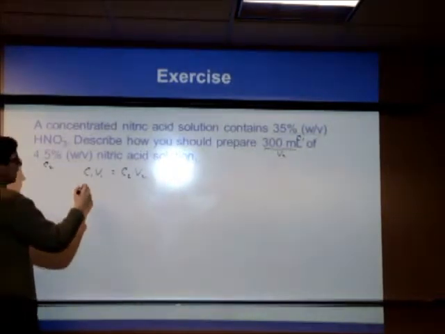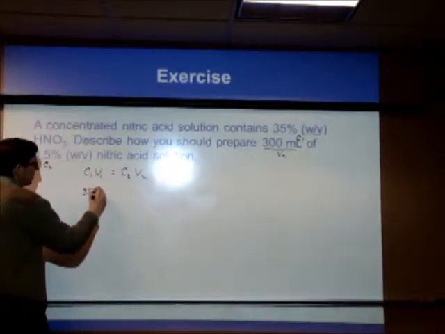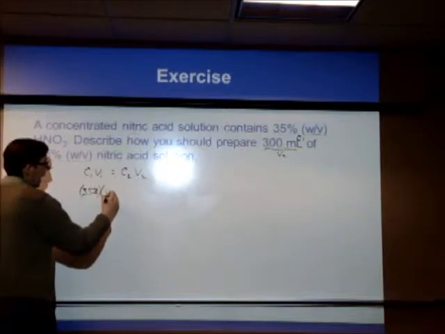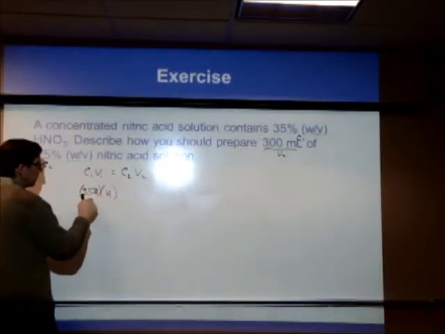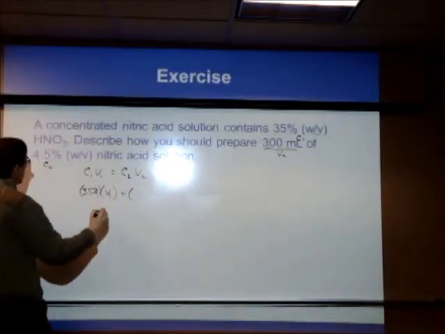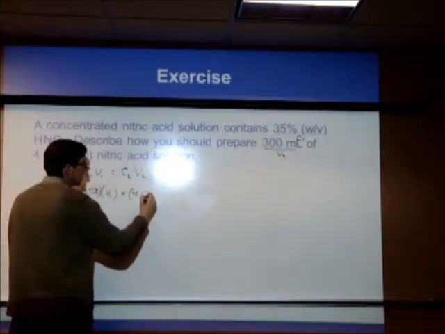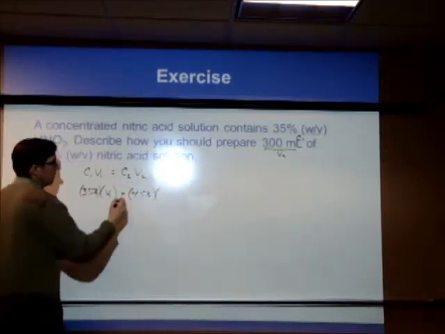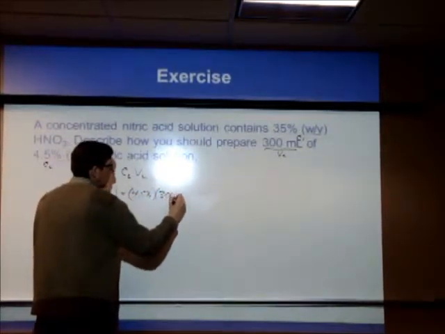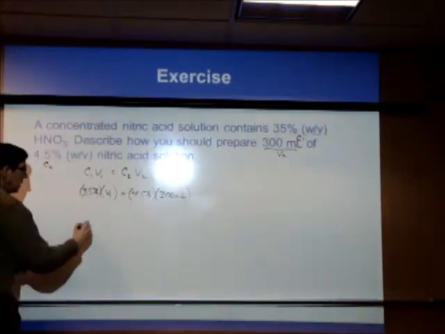So C1, 35%. How much of that volume of the 35% do I need to prepare 4.5% solution, of the 300 milliliter solution?